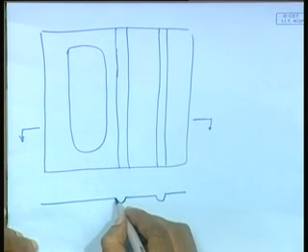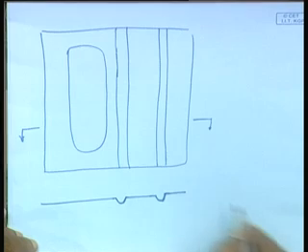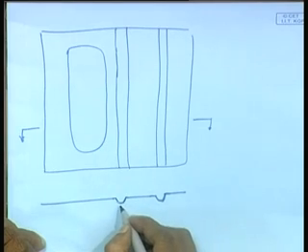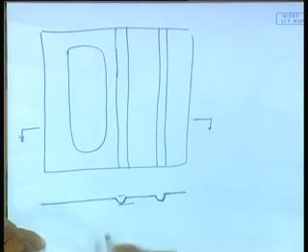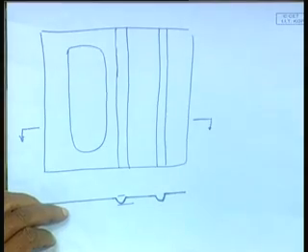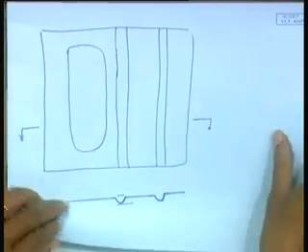Just small corrugations, small or big, that will depend on the design. That means the flat plate was there, now I put a corrugation here. So it becomes much more rigid. Like the simple example I always show, you hold the paper like this, it bends, it does not have any rigidity, but you just give a little corrugation and it becomes so rigid.